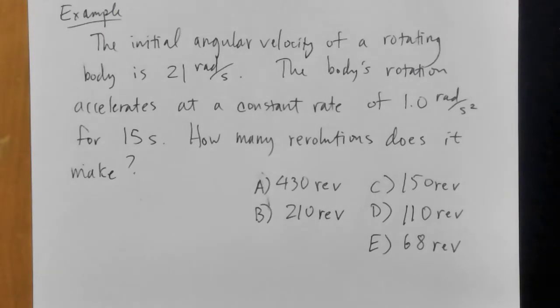Okay, I'll give people another 30 seconds. So remember, these angular acceleration problems are just like the regular acceleration problems. It's no different. The only maybe a little wrinkle is we're asking for revolutions at the end.